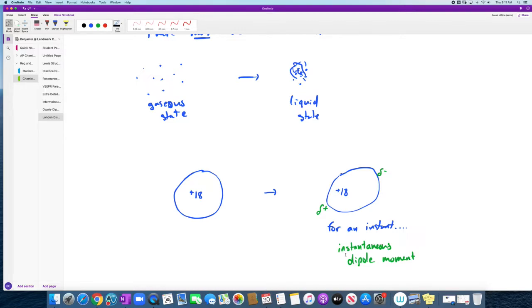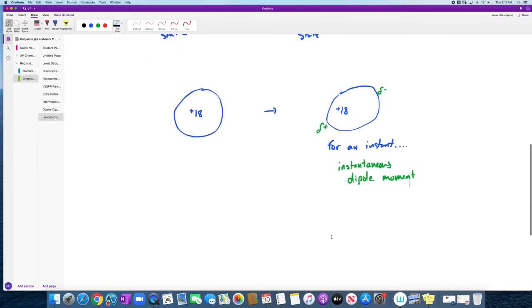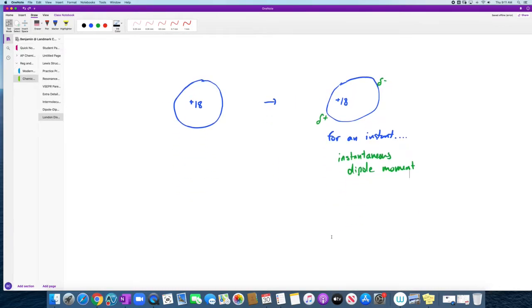Okay, so in a sample of argon, you've got to remember there are many, many argon atoms moving around. So let's consider what would happen if you had an instantaneous dipole moment in this atom, and then there was another atom nearby. Okay, so I'm going to draw two different atoms here.